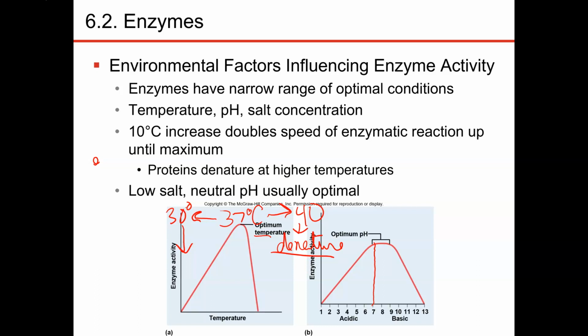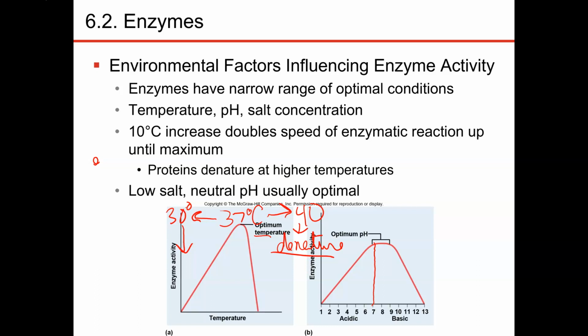So think of pepsinogen, an enzyme that works in the stomach at a pH of between 1 and 3. Whereas we have salivary amylase in our mouth that works at a pH of more like 7. If salivary amylase goes into the stomach, which it does, it gets inactivated.